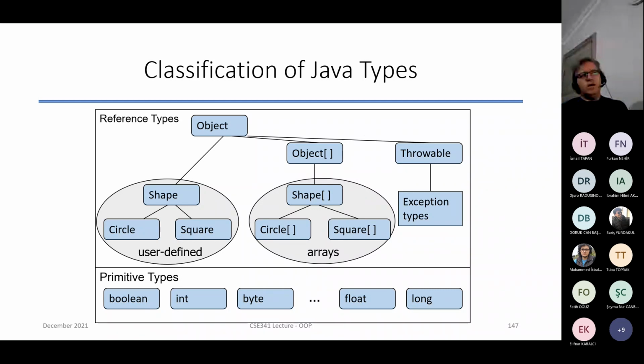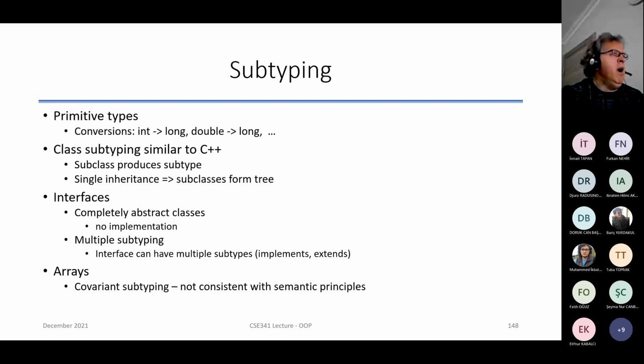And then you have another one over here. This is treated as another type, a throwable object. And this is going to be used for exception types and so forth.